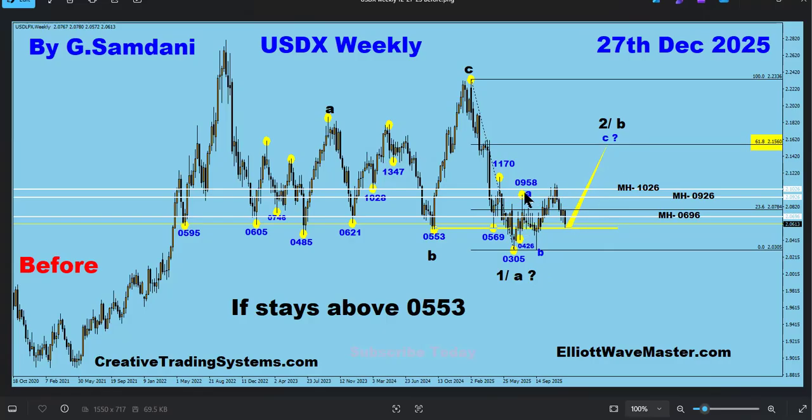Three-wave correction means A, B, and then C, after an impulse move with five small waves. And then ABC correction. And in that type of correction, a pair usually makes harmonic patterns, right? Gartley, Bat, Barkley, not butterfly, but yeah, Bat and Gartley and Barkley.